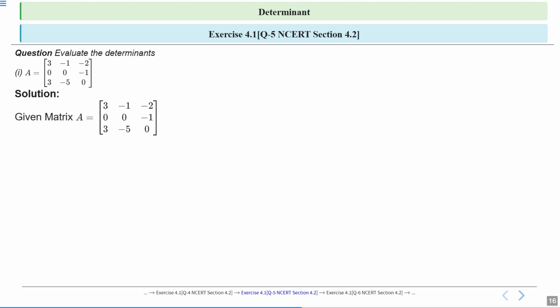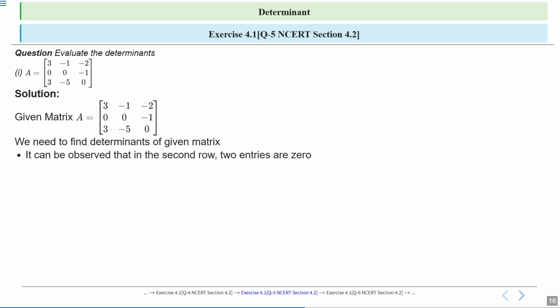Okay, so let's do the first question. In part A, we have to calculate the determinant of a matrix of order 3 cross 3, whose entries are 3 minus 1 minus 2, 0 0 minus 1, 3 minus 5 0. When we observe the matrix clearly, in the second row, two entries are 0.